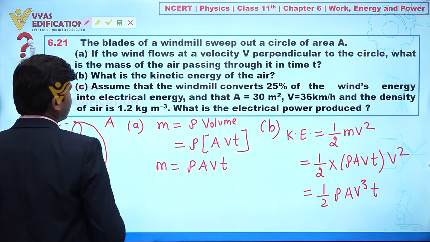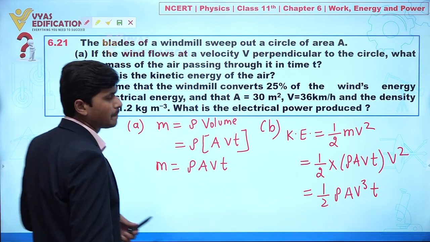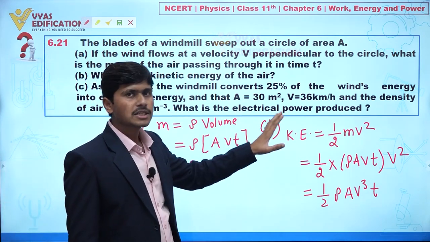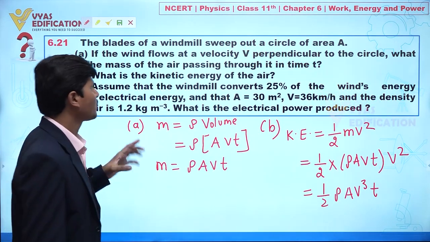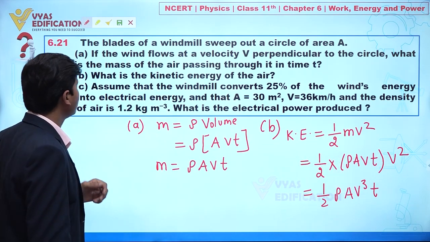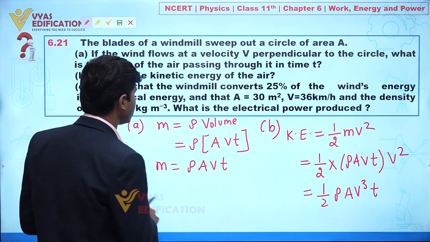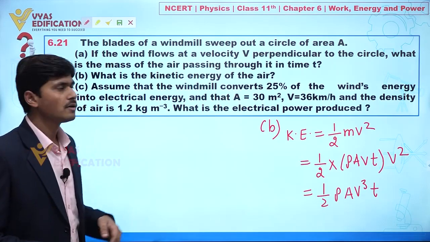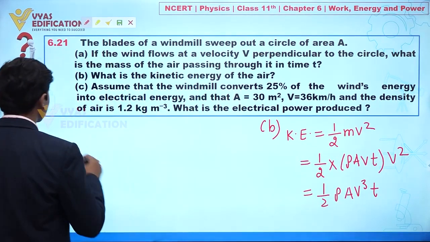Now if we talk about part C, it is given that the windmill converts 25% of wind energy into electrical energy. Area, velocity and density of air are given. What is the electric energy produced? Listen carefully. This windmill is converting only 25% of its total energy.